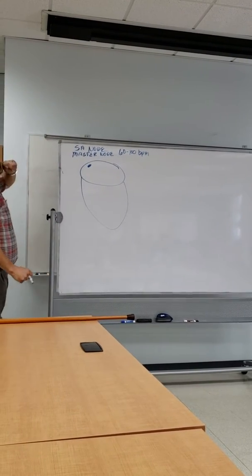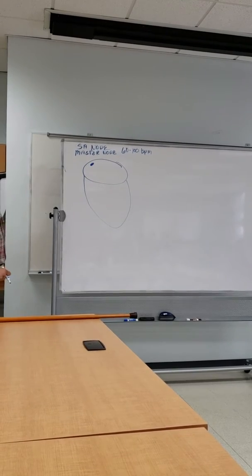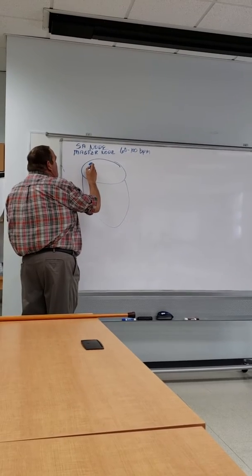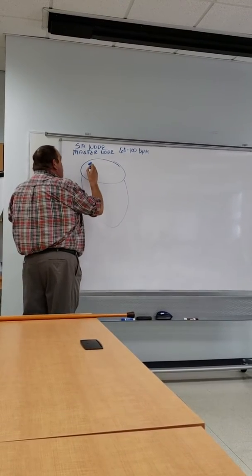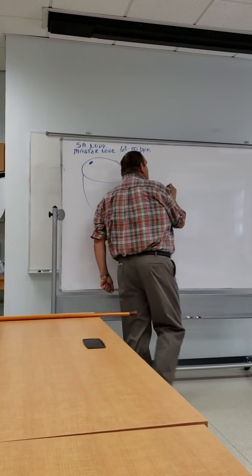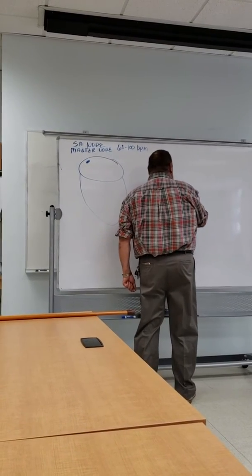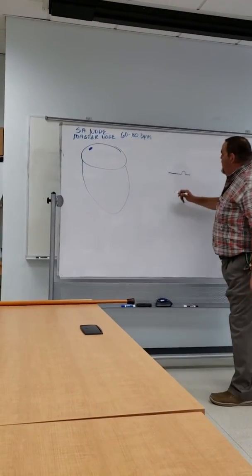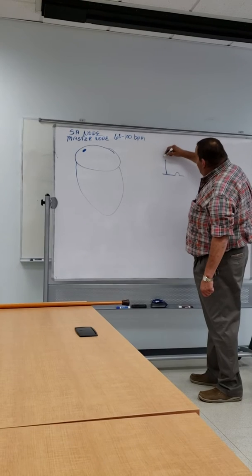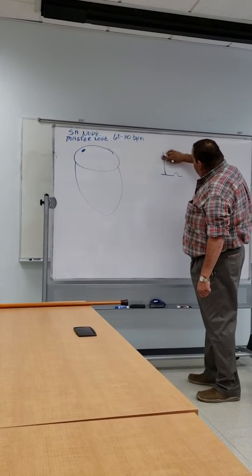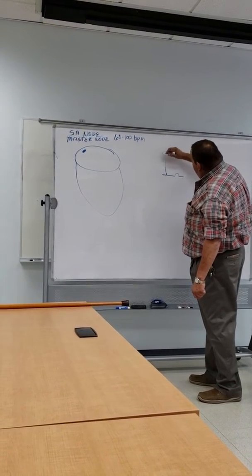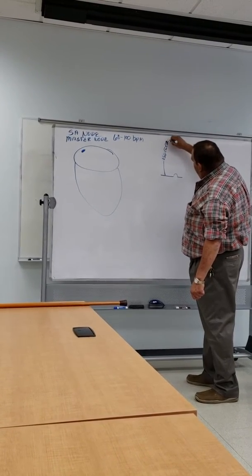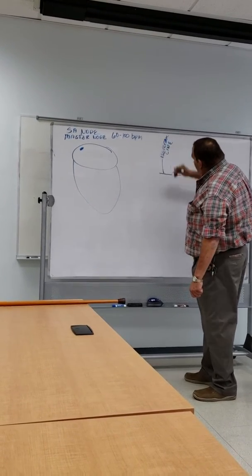Okay? Now, when this SA node impulse goes off, that is represented, this is the isoelectric line, okay?